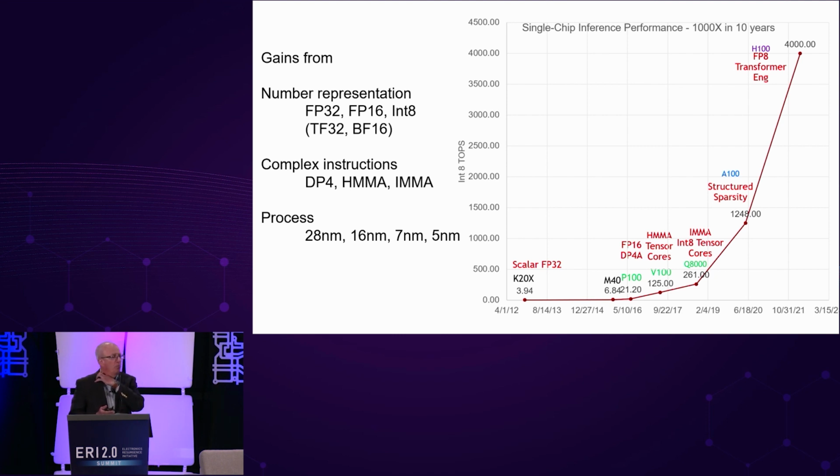And the two big gains are from number representation and from doing complex instructions to amortize out the overhead of instruction. So for number representations, we built Kepler actually to do graphics and scientific computing. A lot of the time that architecture got nailed down, we were just beginning to play with deep learning at NVIDIA Research. And so we had a limited amount of influence on the product definition of that part. And so its dominant performance was in FP32.